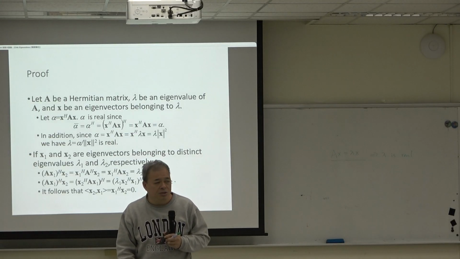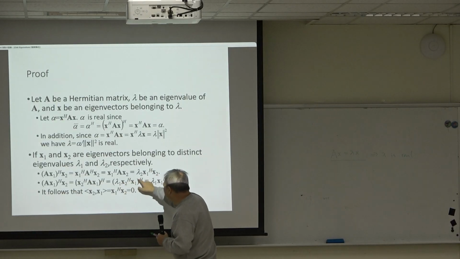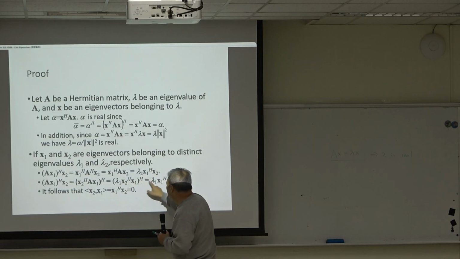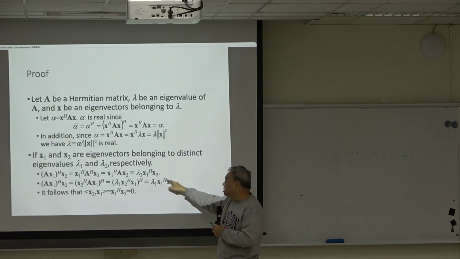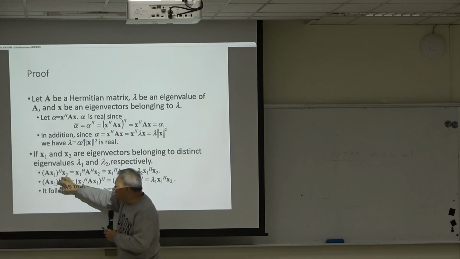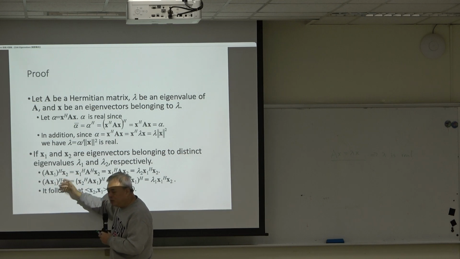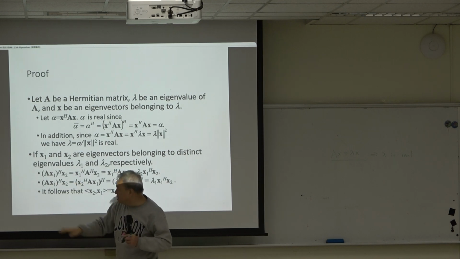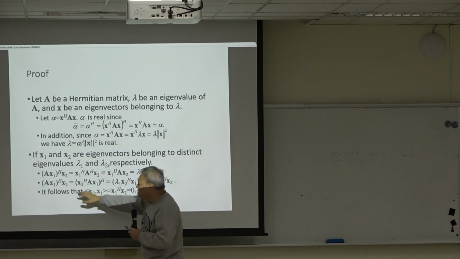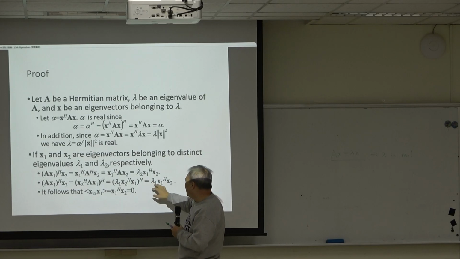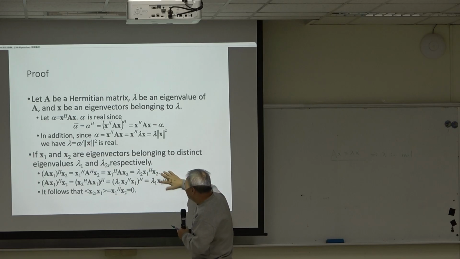So you just get lambda 1 out here, and the rest is x1^H x2. So handled differently, one gives you lambda 2 x1^H x2, and the other gives you lambda 1 x1^H x2, because the x1^H x2 part is the same.